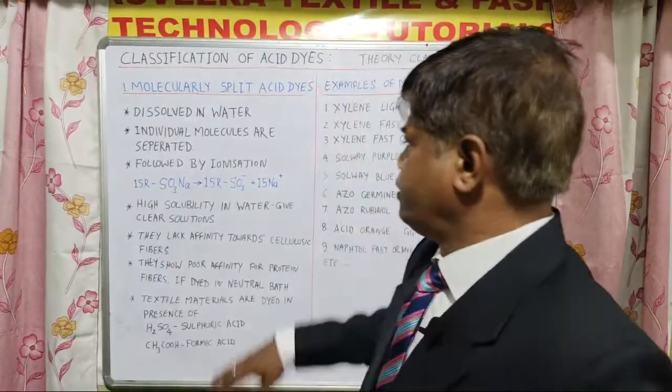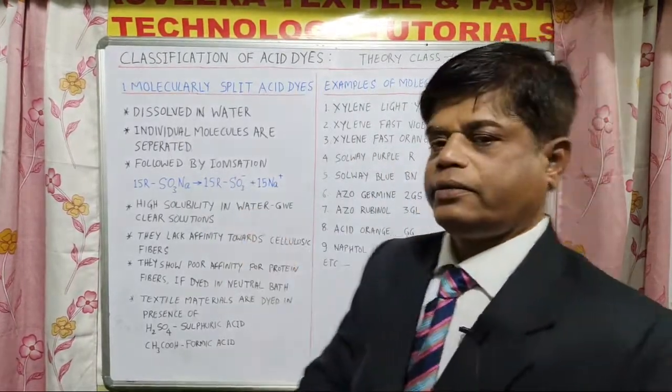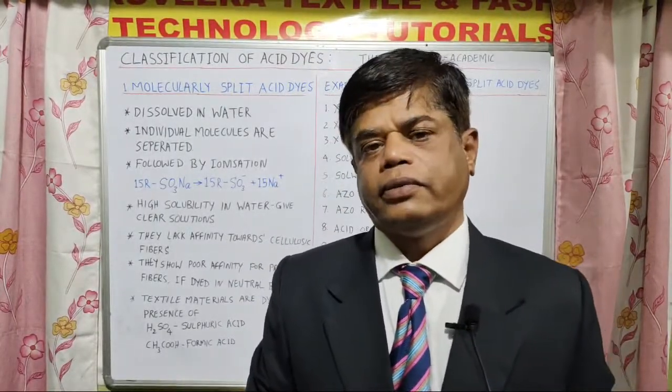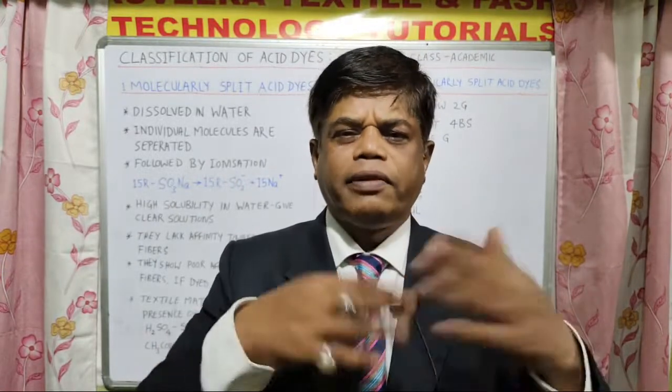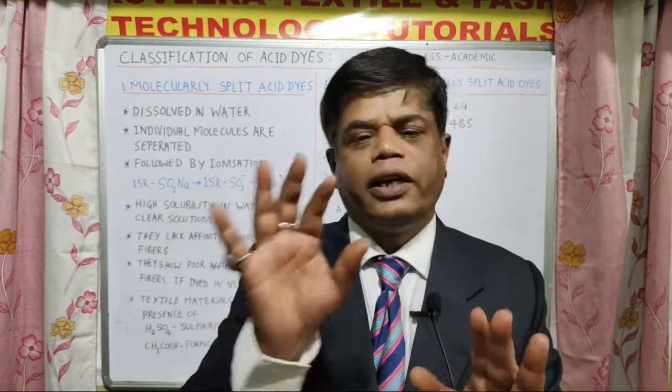Next, high solubility in water gives clear solutions. What is the meaning of that? When we add sugar in milk or in water, immediately it will dissolve and become clear.